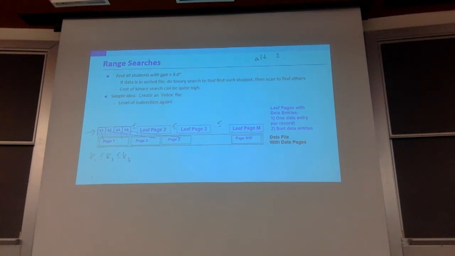Given this sorted file, you can think of these leaf pages as a sequential region in your file, so they are basically a sorted file. When you are trying to do a search based on this key, you can do a binary search, right? So what's the cost of this binary search? It's going to be log 2 n over b, right?